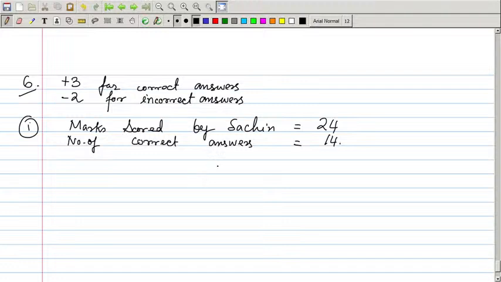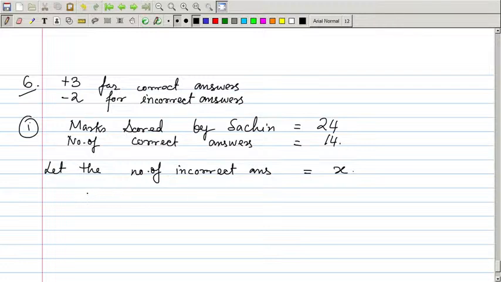Okay, you have to find out how many did he get wrong. Now see, whenever a student is getting the score, it is a combination of the positive markings and the negative markings. So let the number of incorrect answers be equal to x.